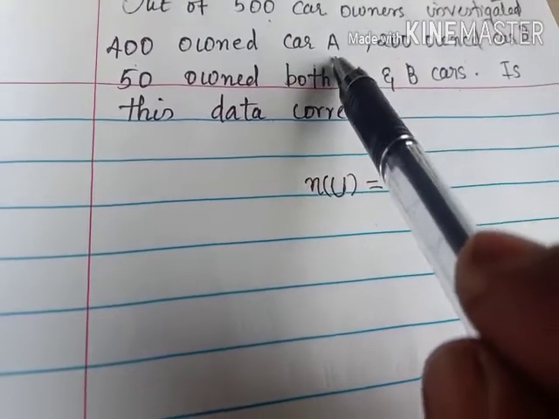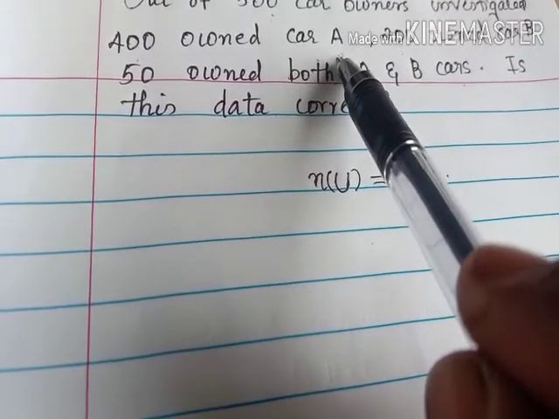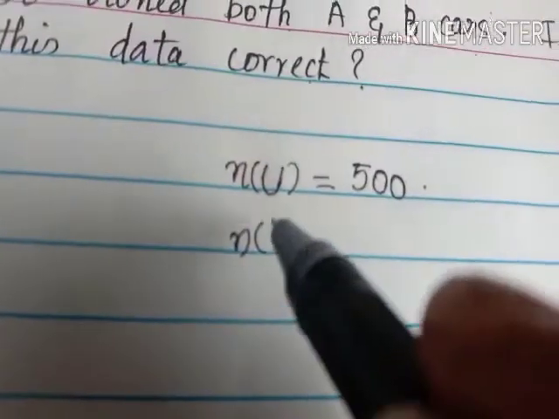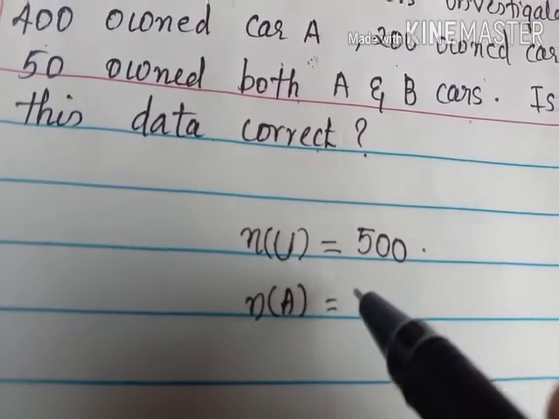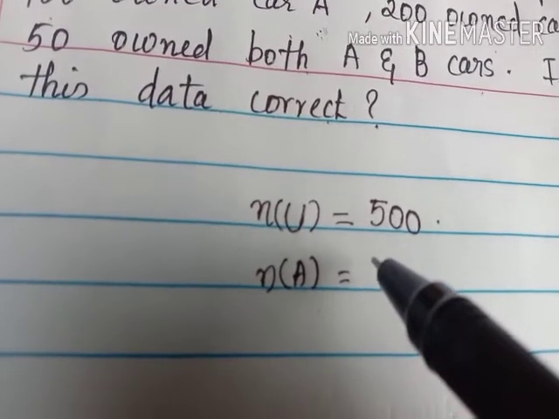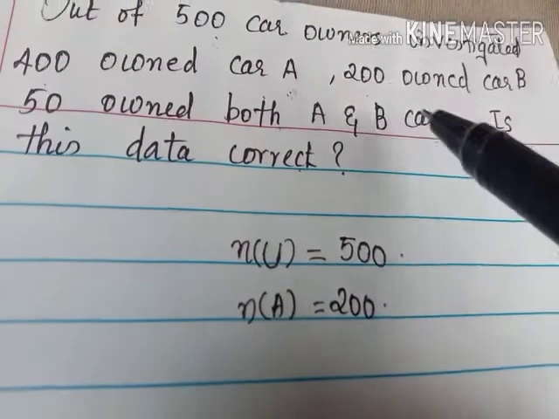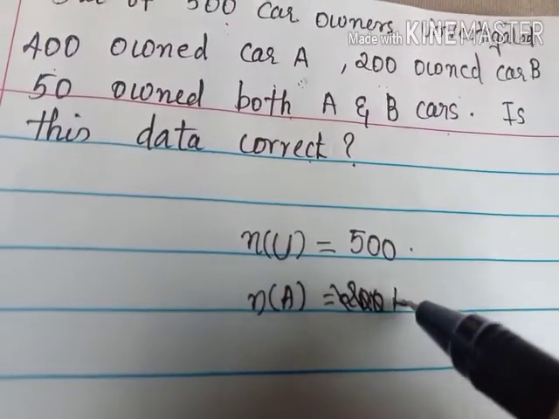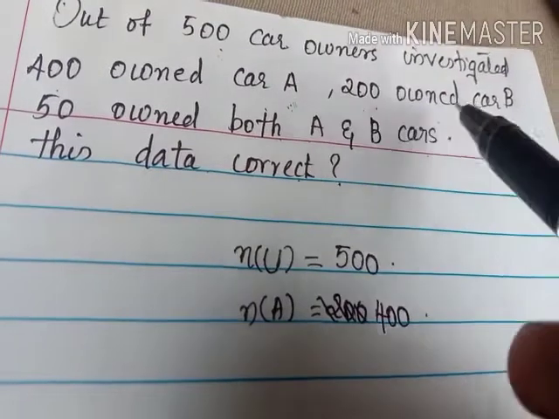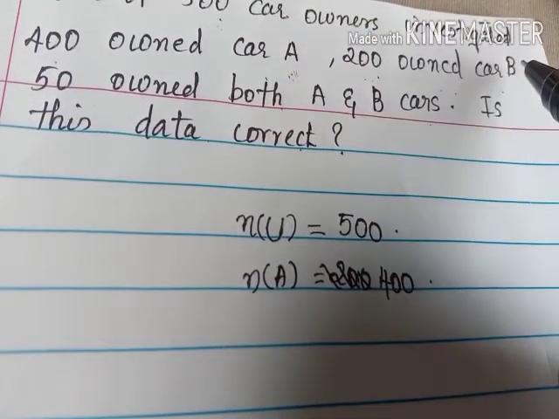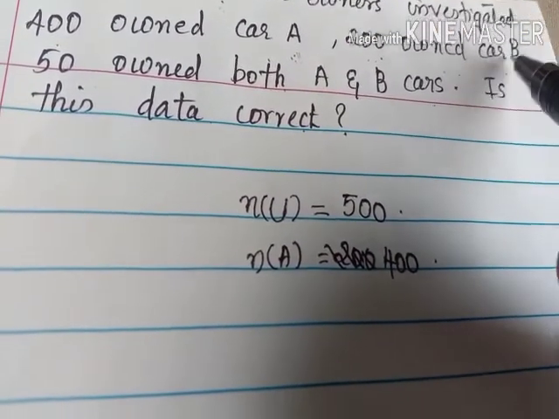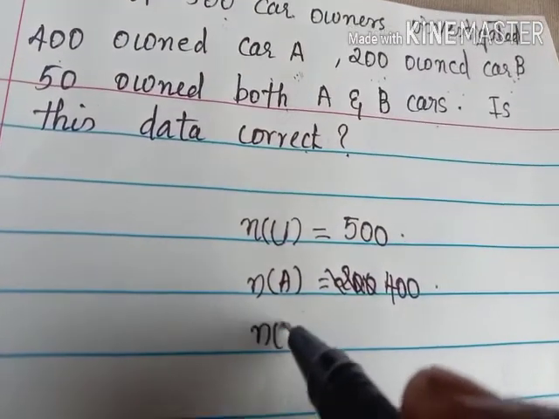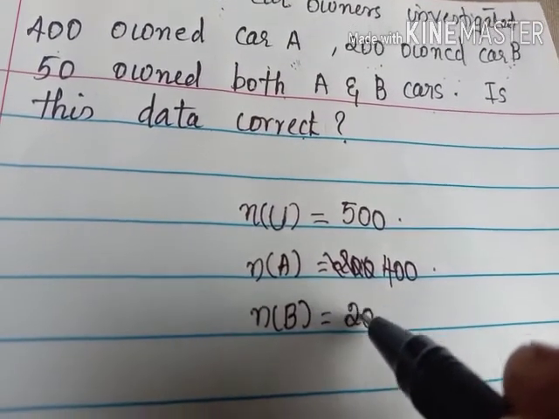Out of this 500, 400 own car A. So define a set A as the set of persons who own car A, and therefore n of A becomes 400. Now 200 own car B. So define a set B, the set of persons who own car B. So n of B is 200.